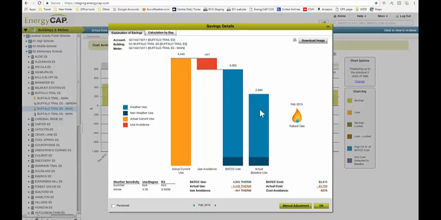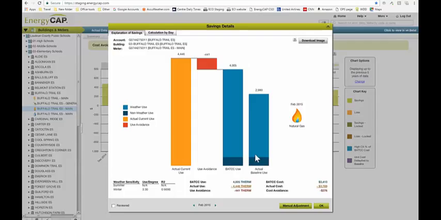Here was my raw baseline. And when it is a heating month, you'll see the weather use in light blue and the non-weather use in dark blue. So it's showing that in my base year, most of my consumption was weather-related. Only a small piece was non-weather-related, domestic hot water and so on.